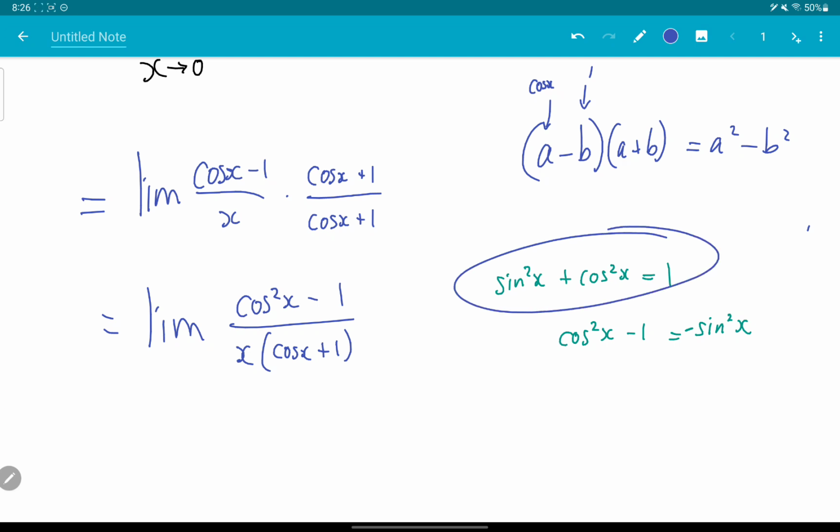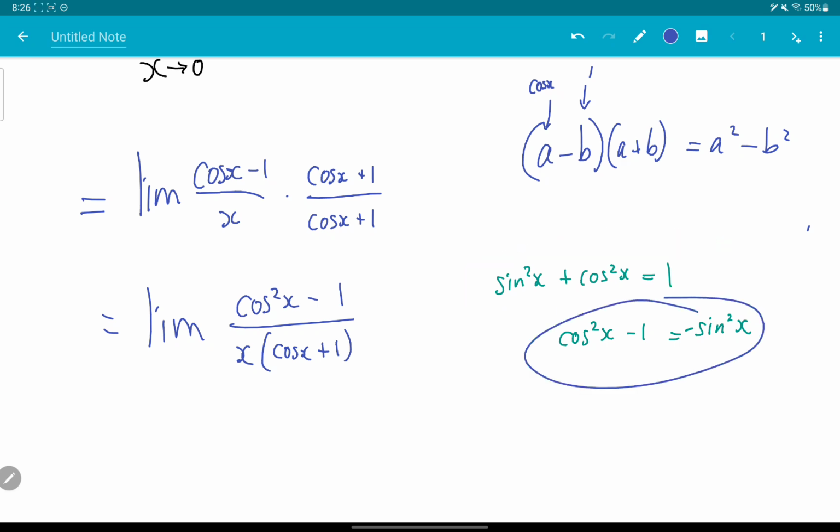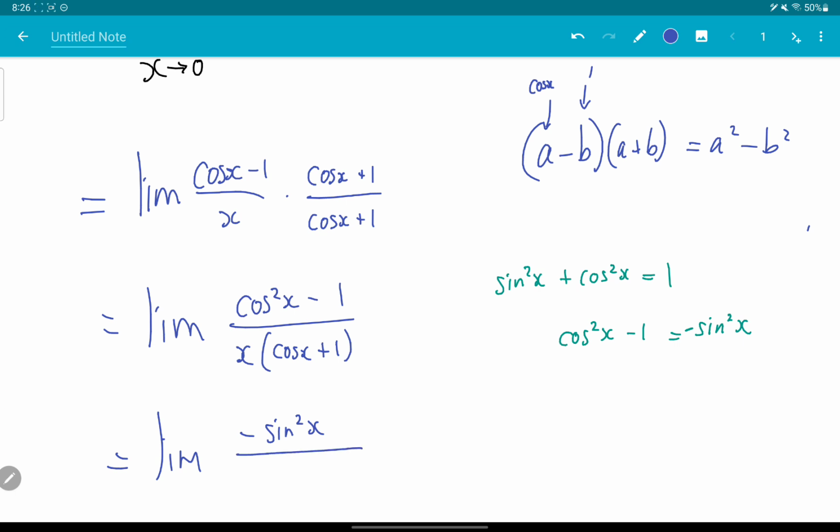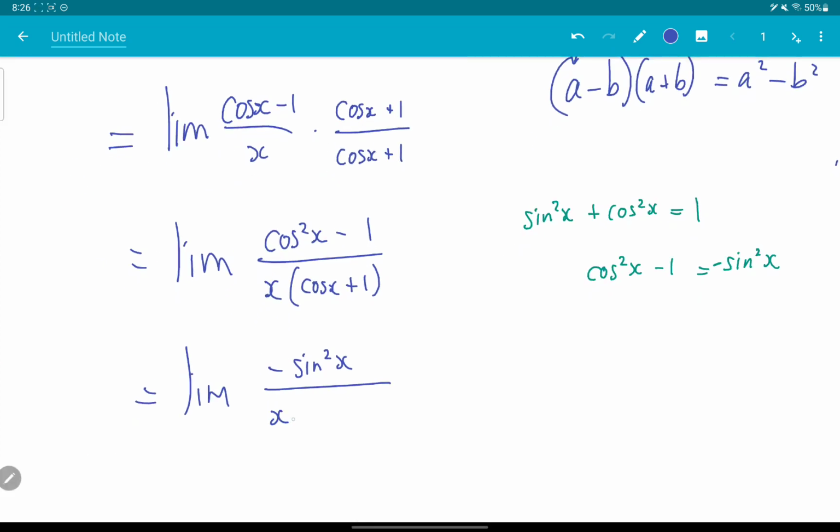So this is a memorized formula, and I solve for cos squared x minus 1. So my numerator can be replaced with negative sine squared x. My denominator remains the same. And I keep working here.